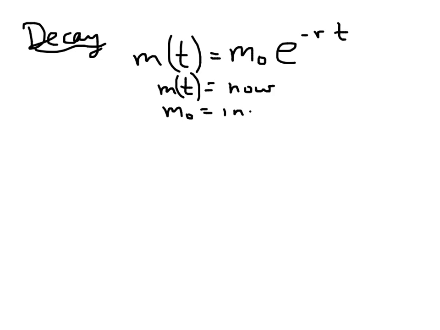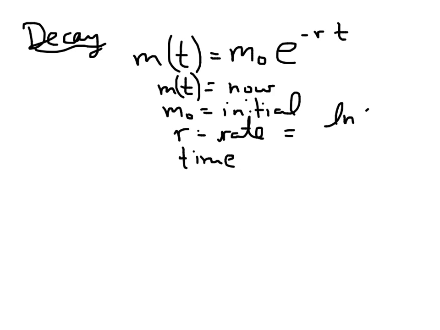M0 is the initial, so what you started with. R is the rate, and T is time. The rate, however, is the ln of 2 divided by H, and H is the half-life.